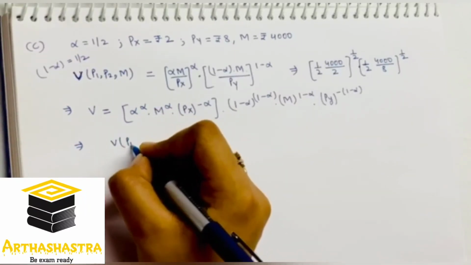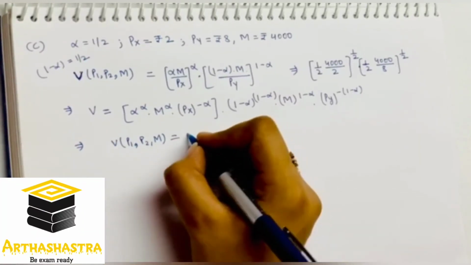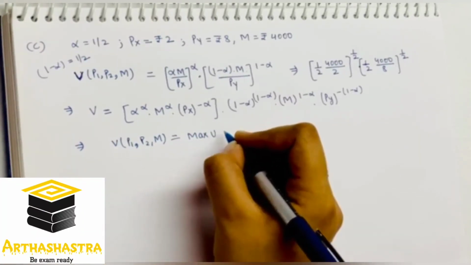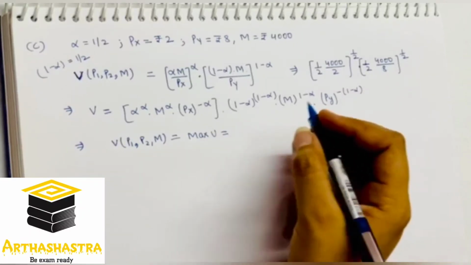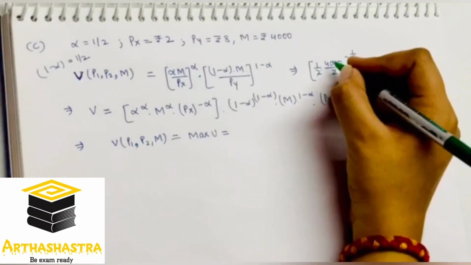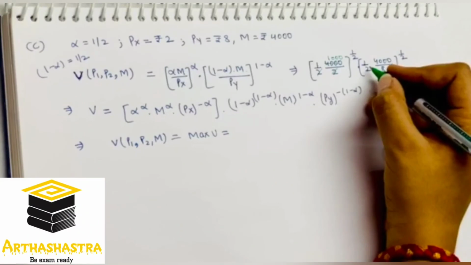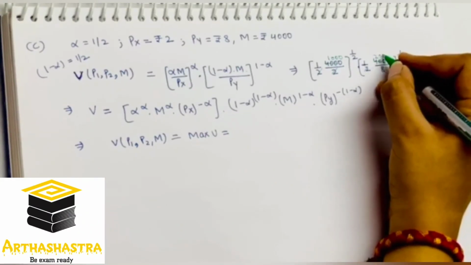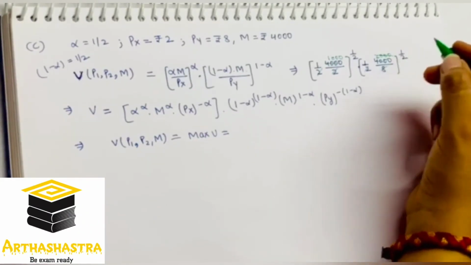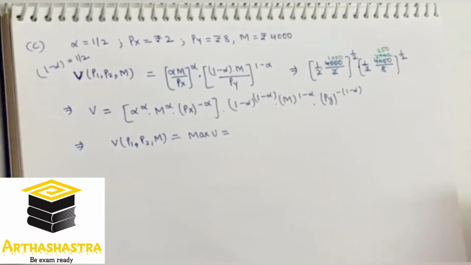So we have v(p1, p2, m), or you can say max of u, is, we'll solve it. So let's start solving it. We cancel out by 1000, and here we can cancel out 2000. Dividing on this will give us 250.